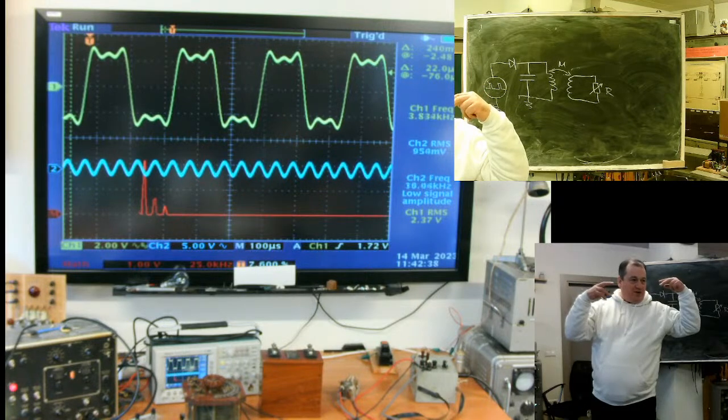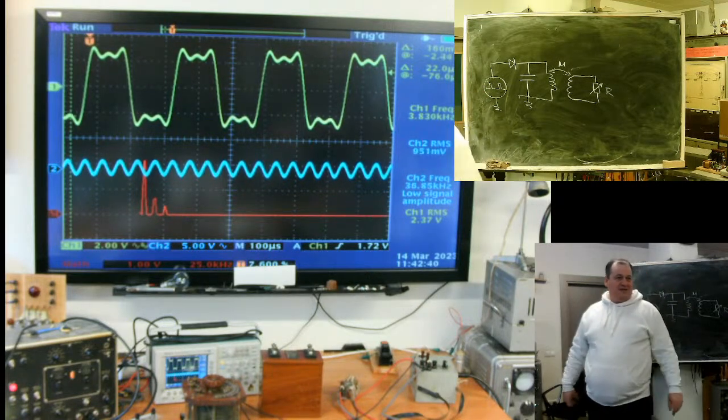They are coupled by common or shared magnetic flux.